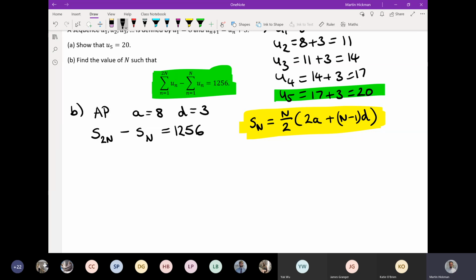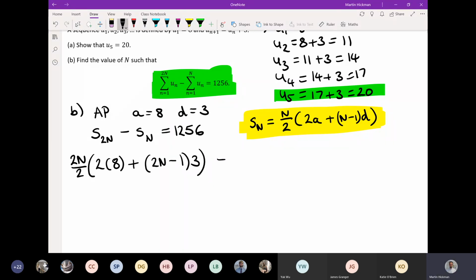First off, I'm going to use this formula, but replace n with 2n, and then replace a with 8, and again replace n with 2n. That's how we'd find the sum of the first 2n terms.